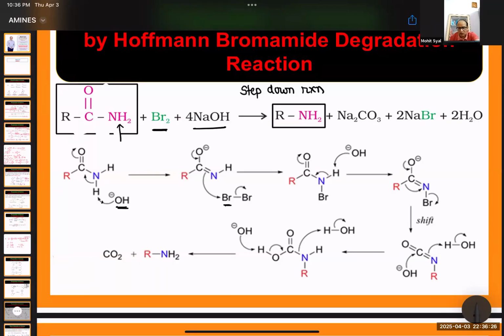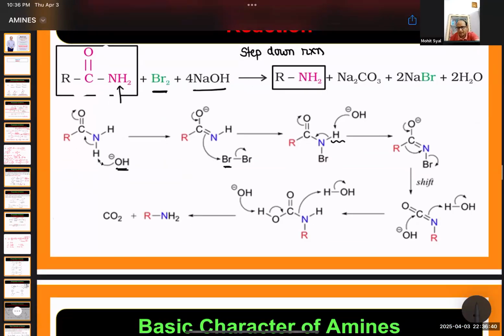Then once you have a Br attached, the remaining H will be removed once again by the base, Br is removed, and there is a shift of the alkyl group. Got the point?